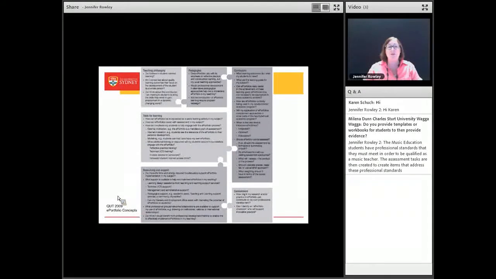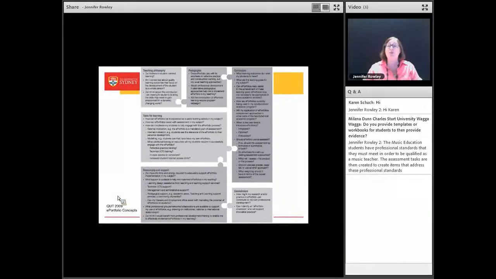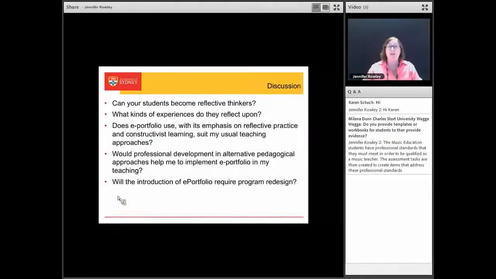If you'd like to look at number 5 there, the introduction of ePortfolio requiring program redesign, that's something you're going to have to answer yourself. But certainly in our case, it did. And this is an example of the curriculum map that we designed here before we introduced ePortfolios into the 4 years of the degree program.